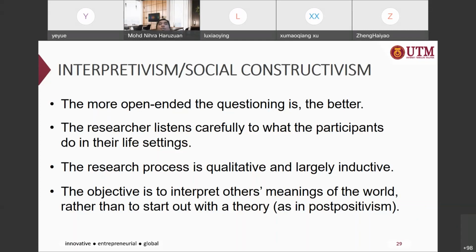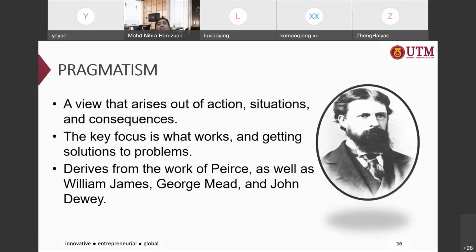You will get the data from your participants or respondents, and from that the theory will emerge. This is how interpretivism or qualitative research methodology works. I think some of you may use qualitative. I'm not sure whether you will go fully qualitative, but some of you might use some qualitative methods. So the last one is pragmatism.